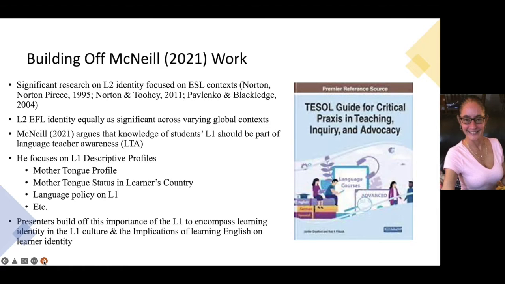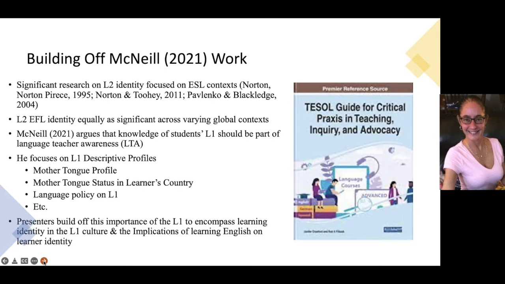But he discusses that, with the language teacher awareness we've already had for so long, we should invite the consideration that knowledge of the student's L1 should be part of it, because it is part of the student, right? We know our students, what they like, their hobbies and things, but also adding that in terms of their L1 and knowledge awareness.